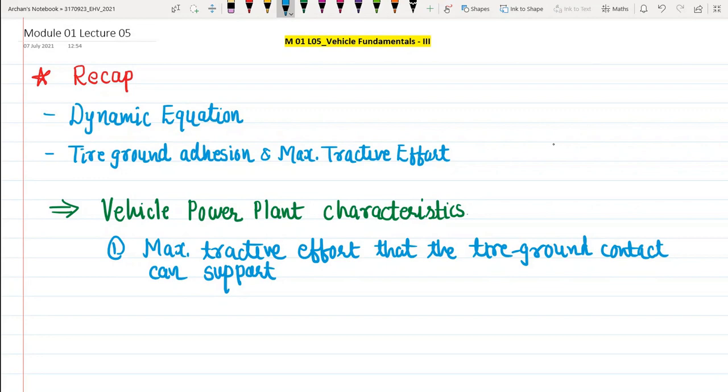The equation pertaining to this we already derived yesterday.